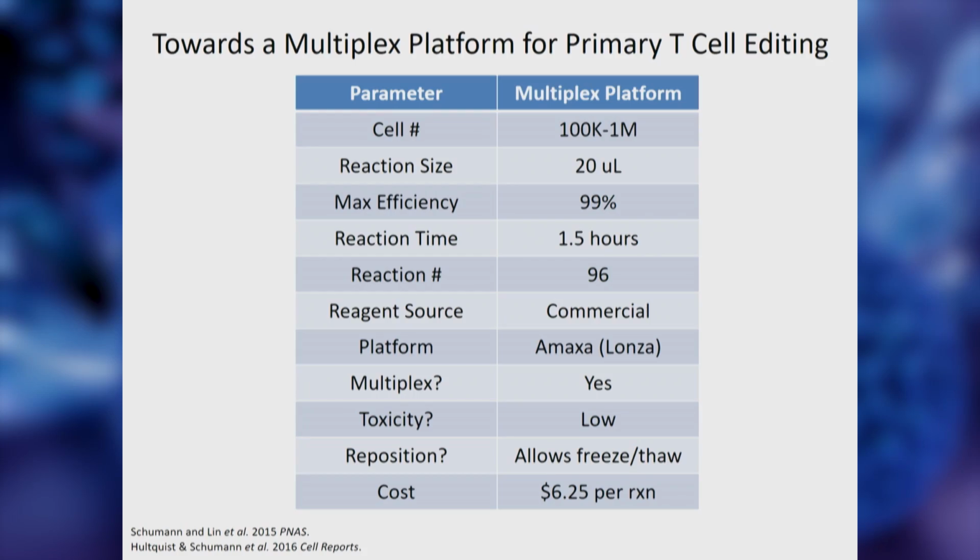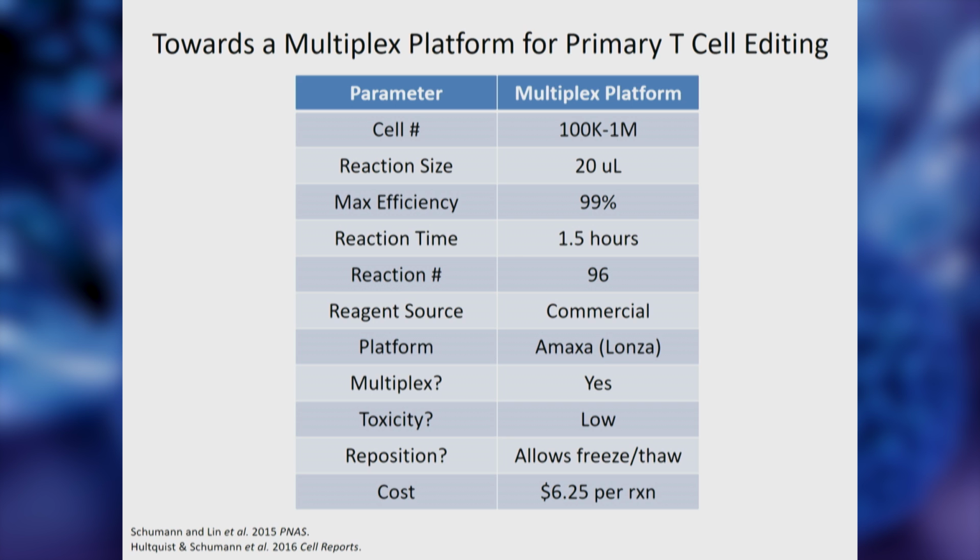So before jumping into some of the data, just a few notes on the platform and its capabilities. Right now we're editing about 100,000 to 1 million cells per reaction, though we're rapidly scaling this up, in about a 20 microliter reaction, and are achieving efficiencies now consistently at a rate of about 95 to 99%.